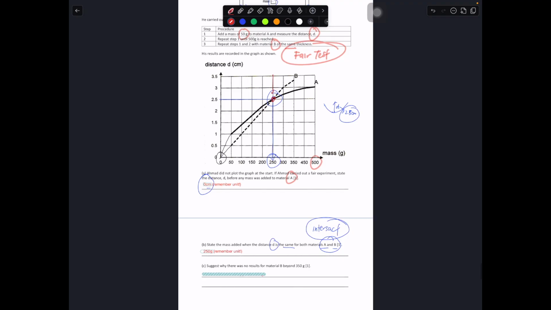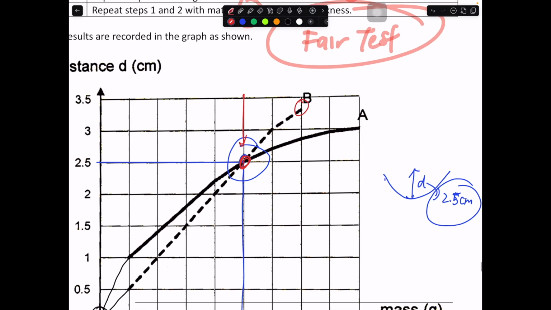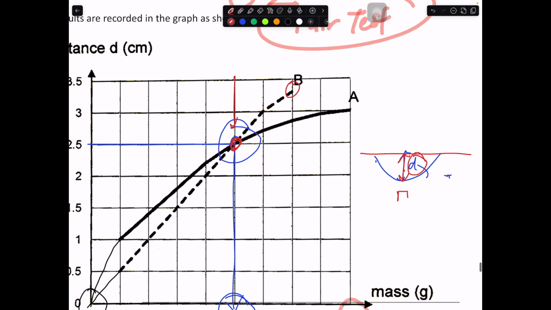They're asking for masses, so 250 grams. Next: suggest why there is no result for material B beyond 350 grams. How come there's no result? He cannot measure D anymore when he added more than 350 grams, because it probably has broken into half.